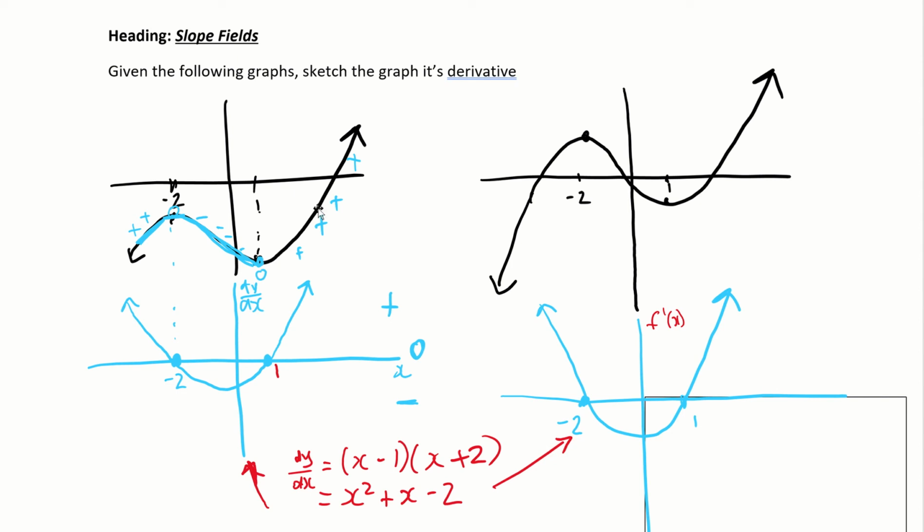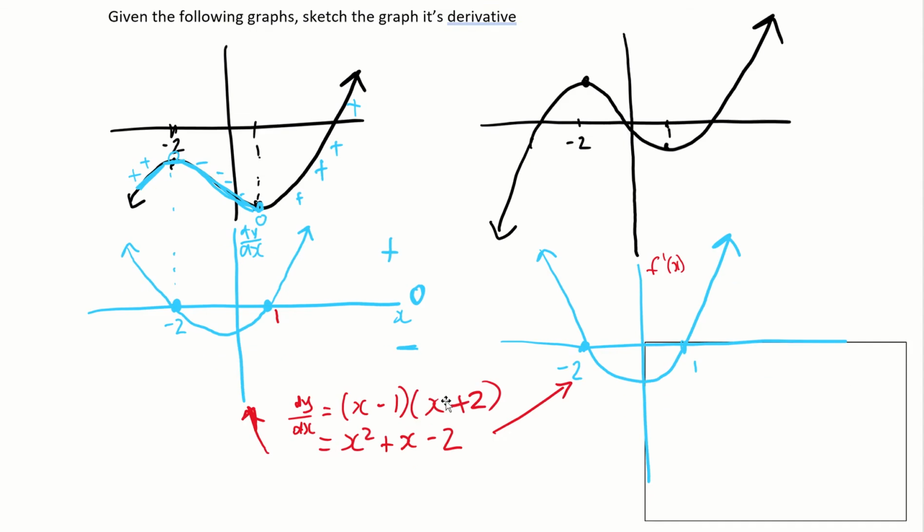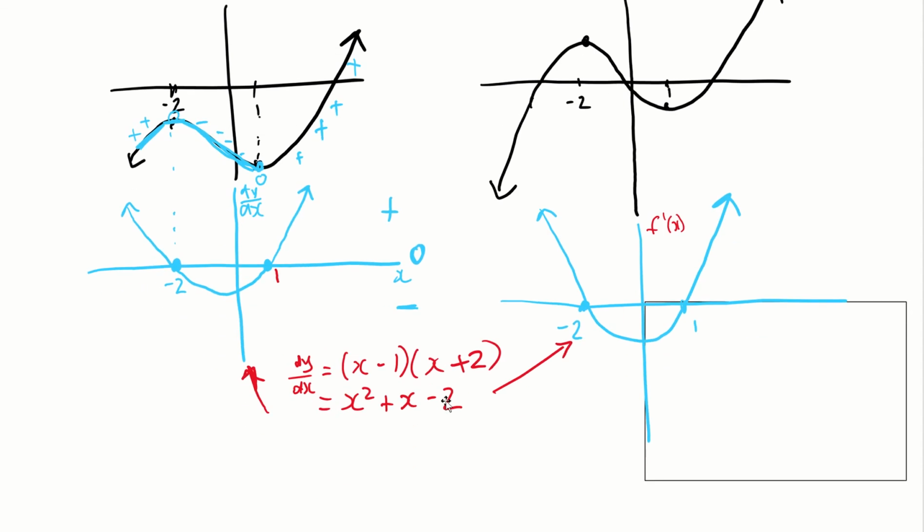If I integrate that equation now, so that's a differential equation because it's in terms of its derivative, if I integrate that to get my original graph, which is my original cubic, let's see what I get. X cubed on 3 plus x squared on 2 minus 2x plus c.